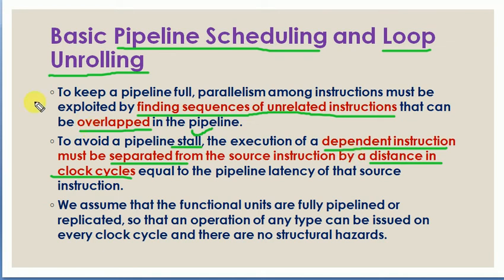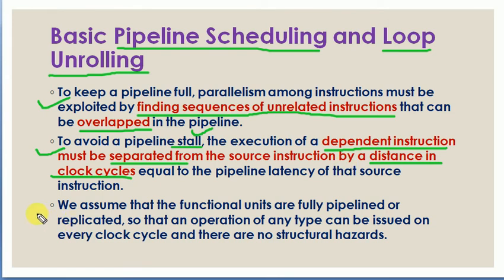So the first point is we need to find the unrelated instructions. The second point is to delay the dependent instruction that depends on the result of the previous instruction.